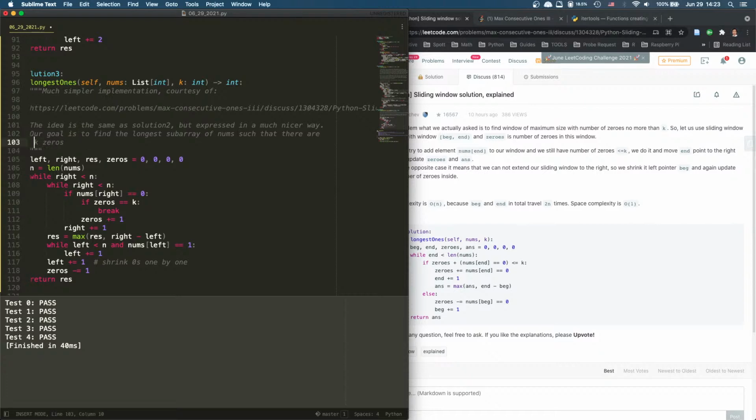There are k zeros in the subarray. And this can be resolved using sliding window.